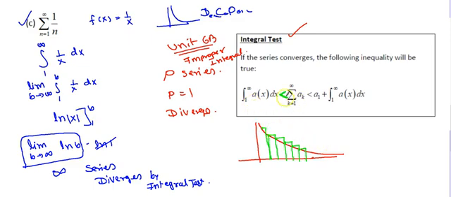It's always less than. Clearly you can see from this picture. Many times they have asked this as a multiple choice question. Always sketch the picture and see that the left Riemann sum is always going to be greater than the actual integral value.